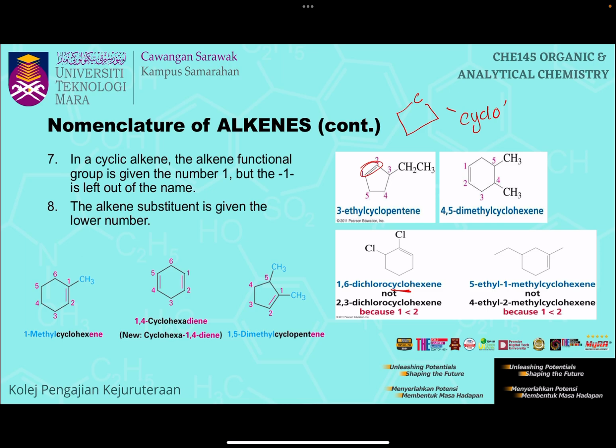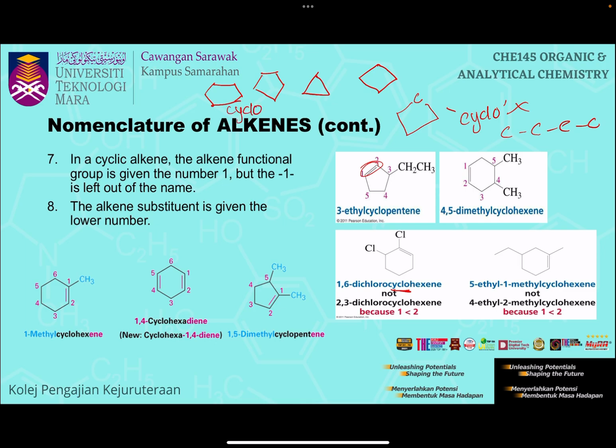If it is an open chain, a straight chain like this, then there is no need to put the word cyclo. But if you get a cyclic structure like a triangle, a pentagon, or a hexagon, these are all cyclos.